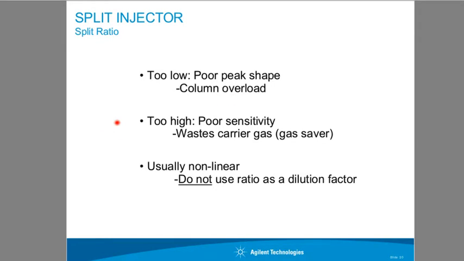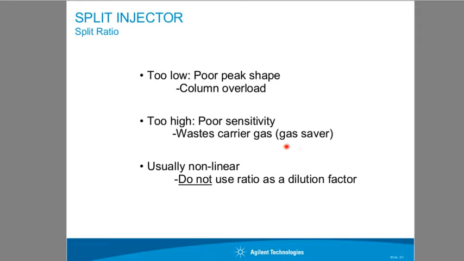Too high, obviously you're going to have poor sensitivity because you're going to be venting out a good portion of your sample, and you're also blowing a whole bunch of carrier gas out there. You can basically push 900 milliliters per minute of carrier gas out your split vent if you have a 150, 200 to 1 split ratio or something huge like that.